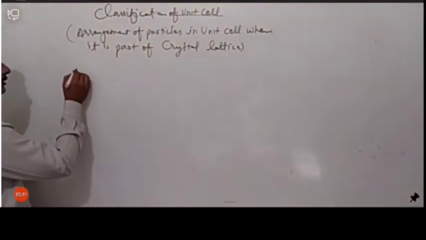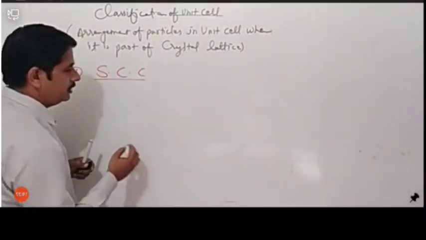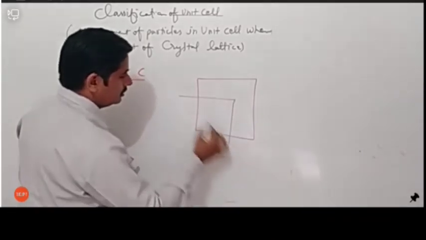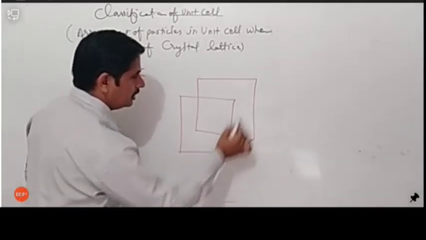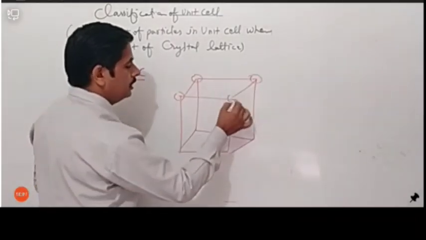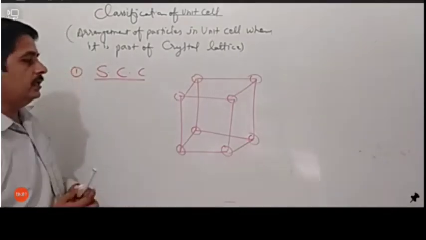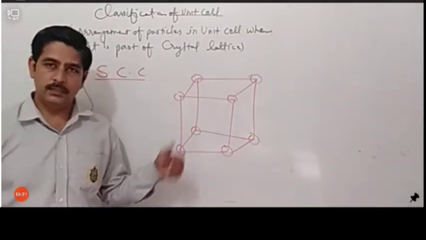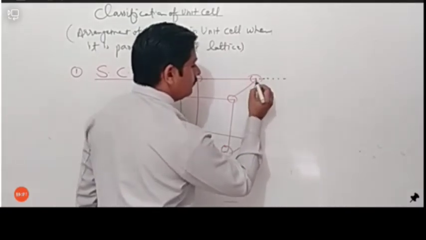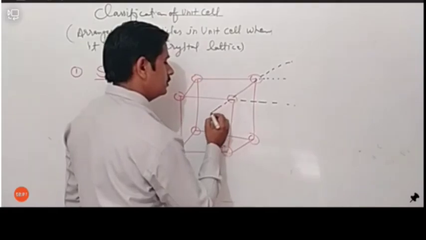Let's see. First, SCC. We have already seen the diagram of SCC. It is just like this. This is an example of SCC, and we studied that in SCC we have 8 particles. Okay, but listen to it carefully. What happens when it is present in a crystal lattice? So we can see here it will be connected with the other unit cells, like this.